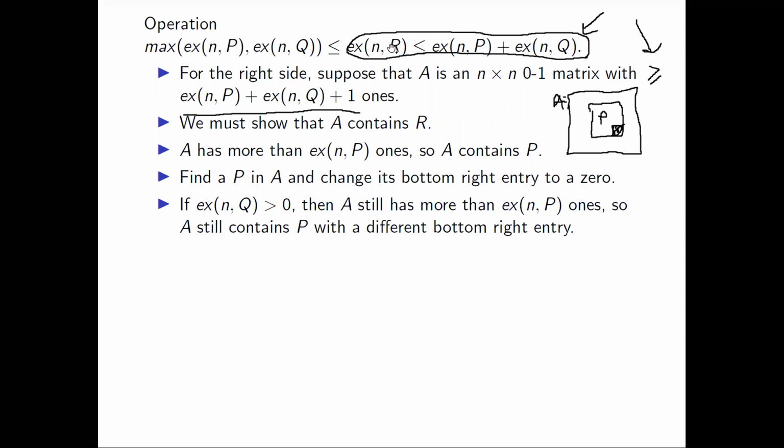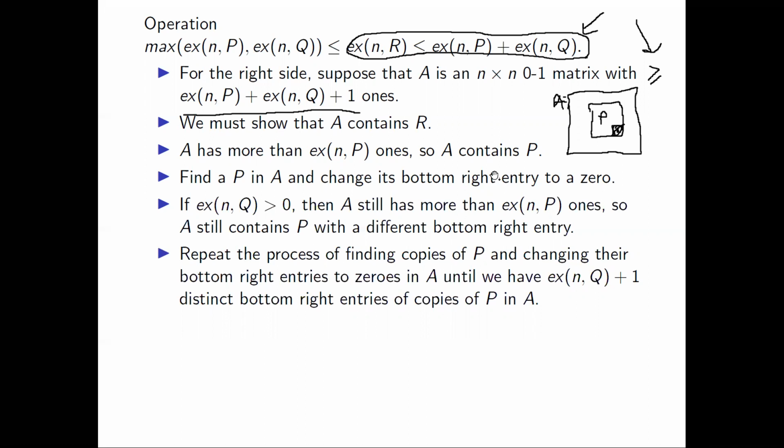And we can note that if ex(n, Q) is greater than 0, then ex(n, P) plus ex(n, Q) plus 1 is greater than or equal to ex(n, P) plus 2. So if we remove a 1 and the number of ones is still at least ex(n, P) plus 1, since it was at least ex(n, P) plus 2 before, we can still find a different copy of P. And it has to have a different bottom right entry because the bottom right entry of the copy of P that we found before, we changed to a 0.